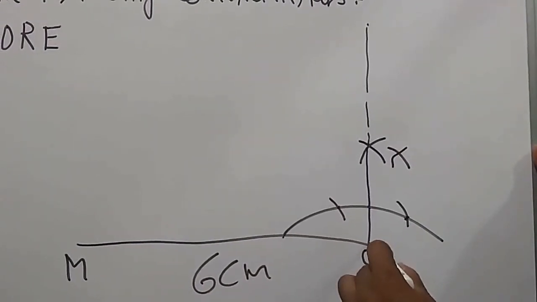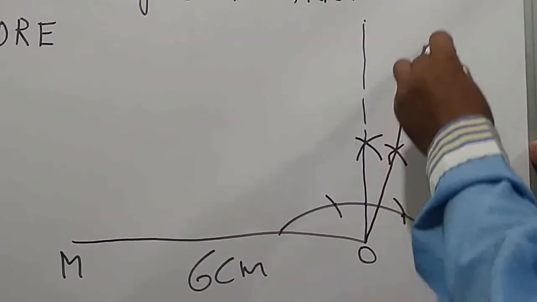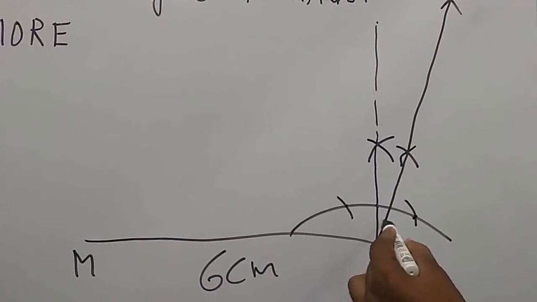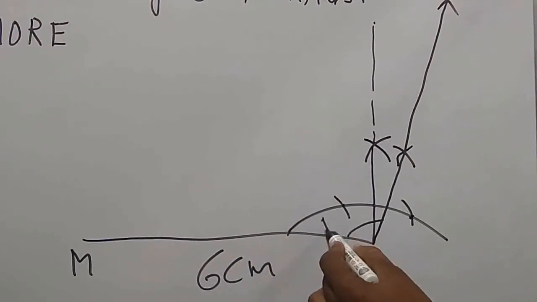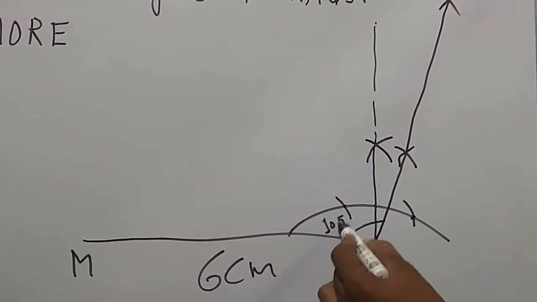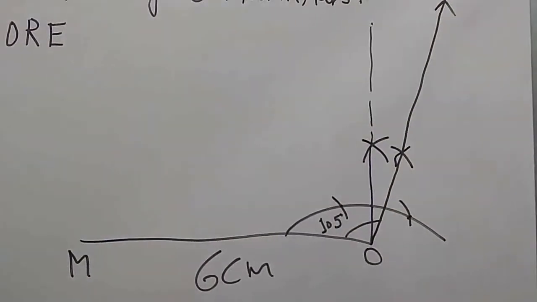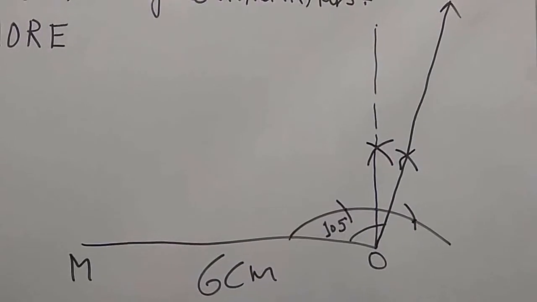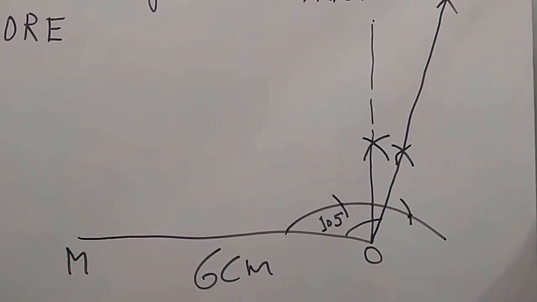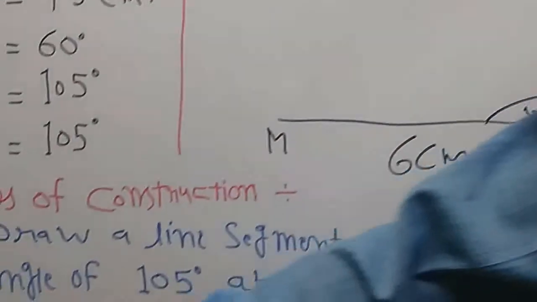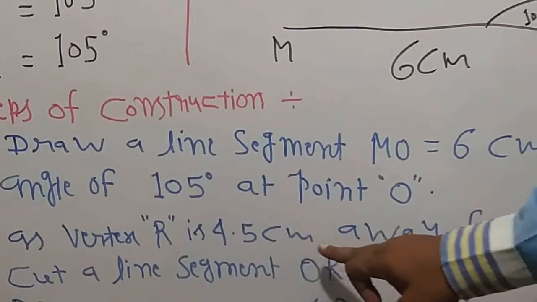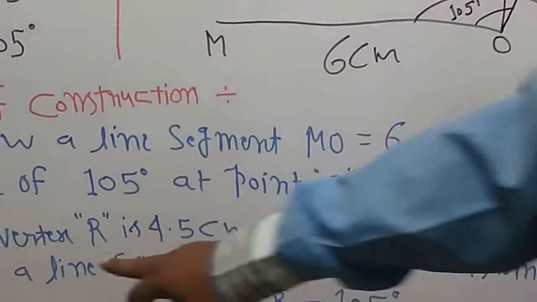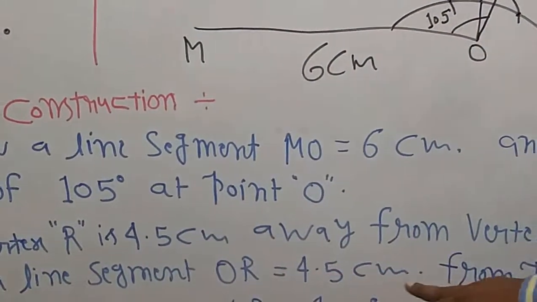This gives you the angle of 105 degree, and we draw here 105 degree with the help of rounder. Now, in our second point, as vertex R is 4.5 centimeter away from vertex O, cut a line segment OR equal to 4.5 centimeter.